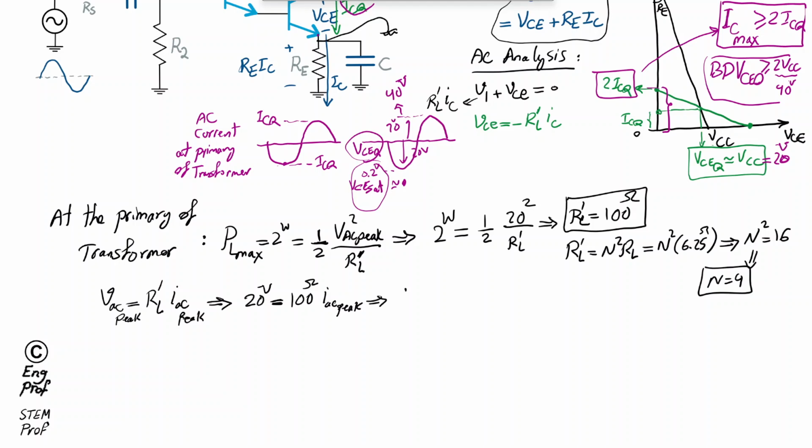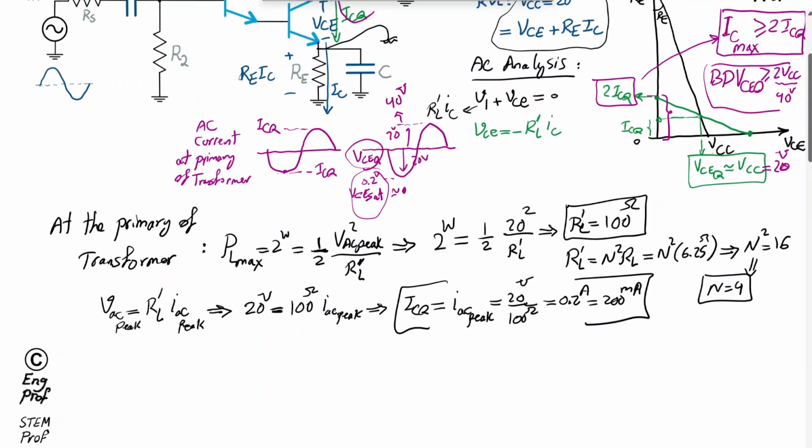So we get that IAC peak, which is ICQ as well, because we discussed that the peak of the current can be as much as ICQ, the bias current for the transistor. So IAC peak is equal to 20 volt divided by 100 ohm, which is 0.2 amp, or basically 200 milliamp. So we found the ICQ.